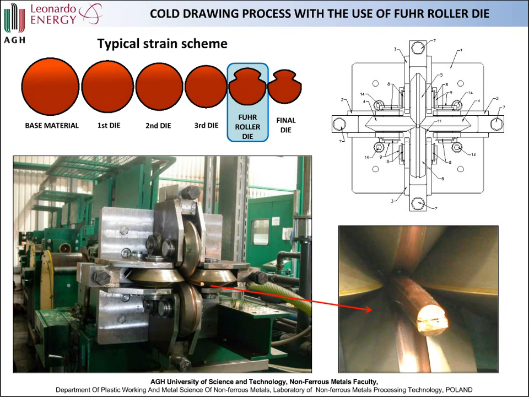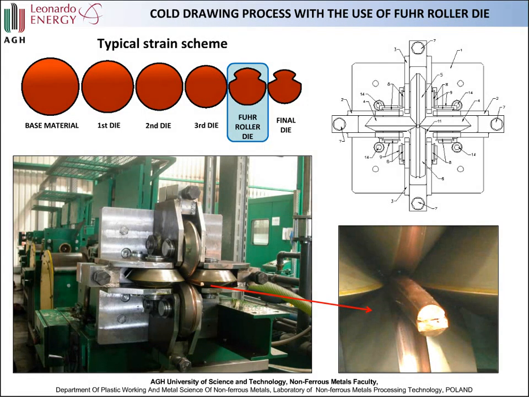In the slide, I've shown a sample production technology with the use of a roller die. So at the beginning, we are drawing the material 3 times with circular dies, and then we use a roller die to create grooves on the material.